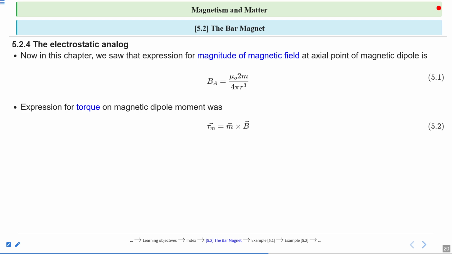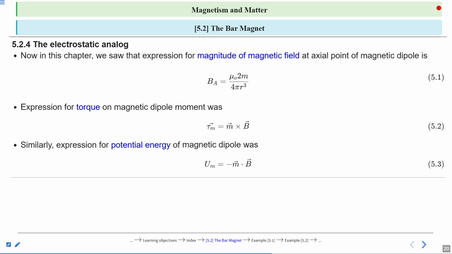Mark it as 5.2. And similarly, the expression for potential energy of a magnetic dipole was U m equal to minus m vector dot B vector. In electrostatics it was U E equal to minus P vector dot E vector.